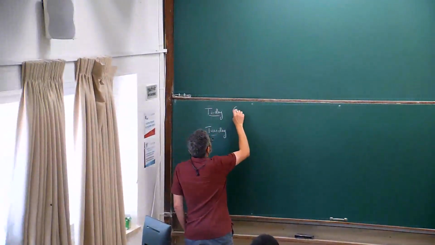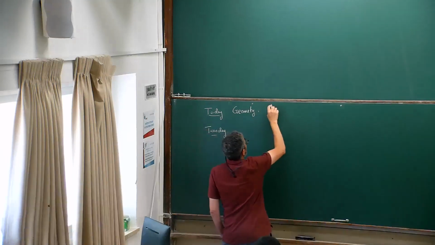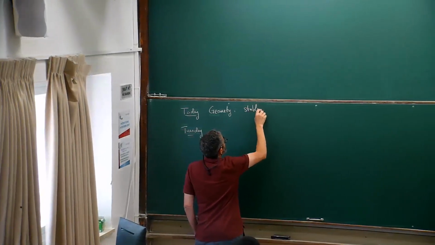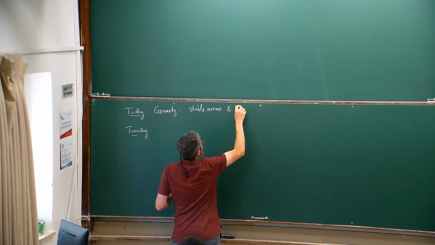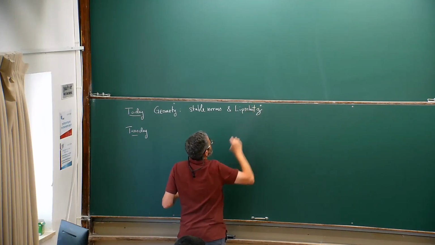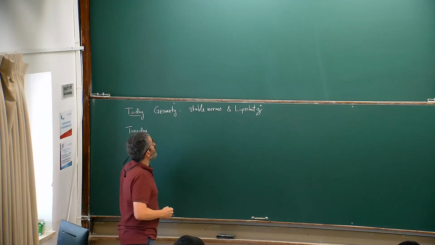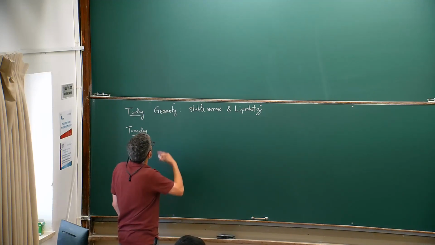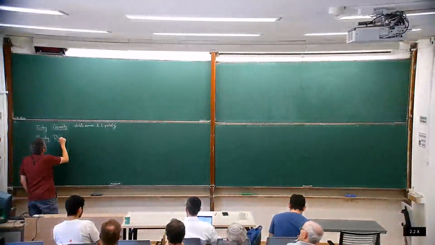Today I want to do geometry. In particular, I want to talk about stable norms and Lipschitz maps. This is not that new a topic. It shows up in various parts of mathematics, but we came to it through these applications to dynamics.